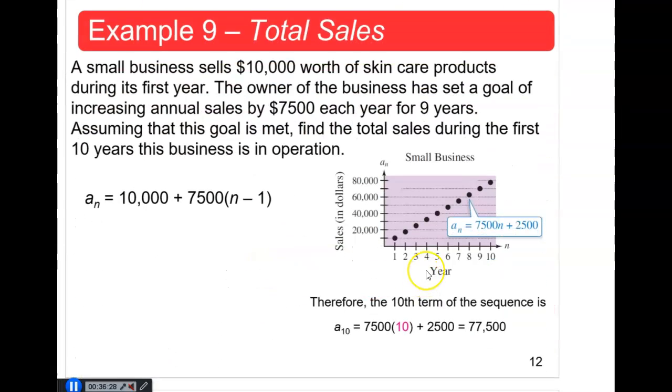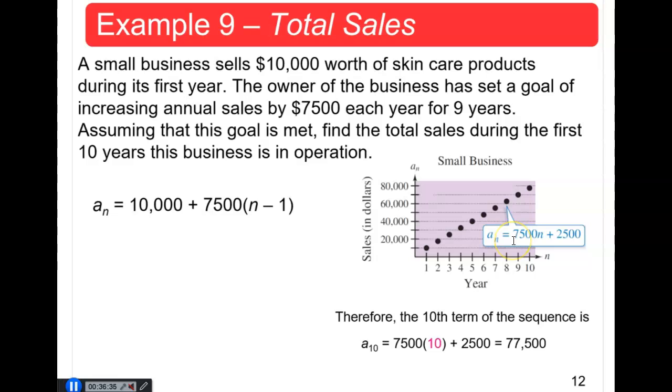Okay, so we're going to move on to one of the examples for this section. Example 9: a small business sells $10,000 worth of skincare products during its first year. So that's going to be relevant.